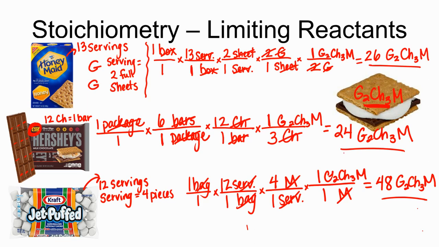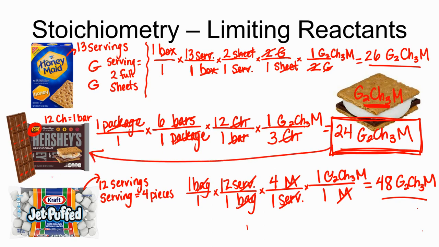Well, we can only make 24 s'mores because at that point, once we made the 24th s'more, we are out of chocolate. And so the way I like to make s'mores, you usually run out of chocolate first. So we'd say that all we can make are 24 s'mores, and that the limiting reactant then is the chocolate. It's the one that will run out first.